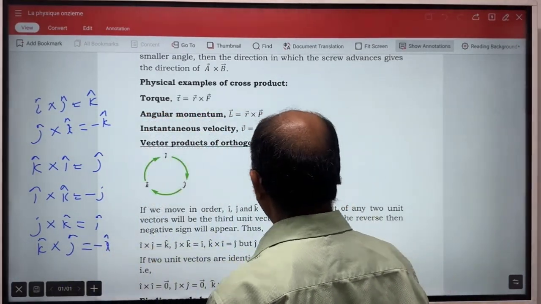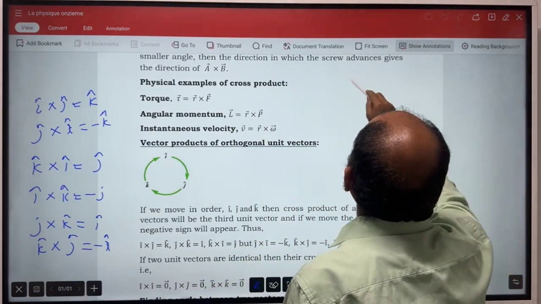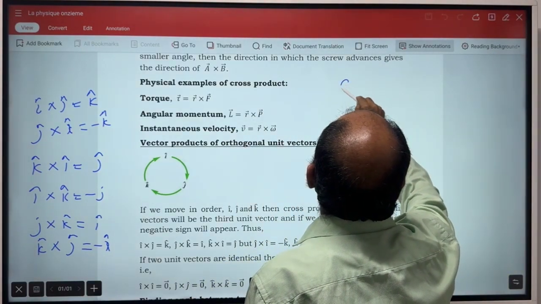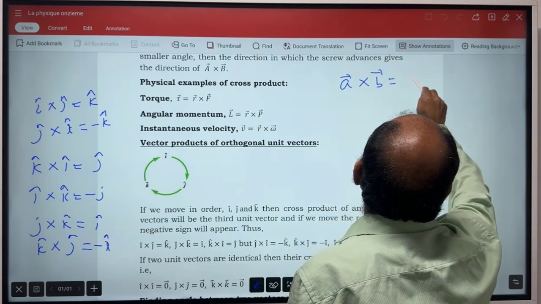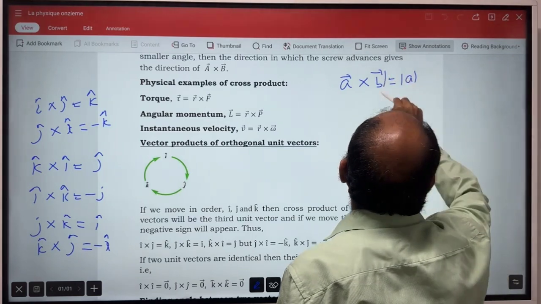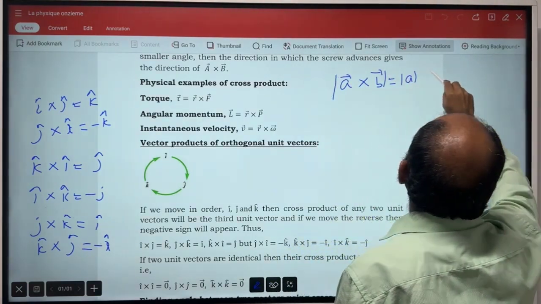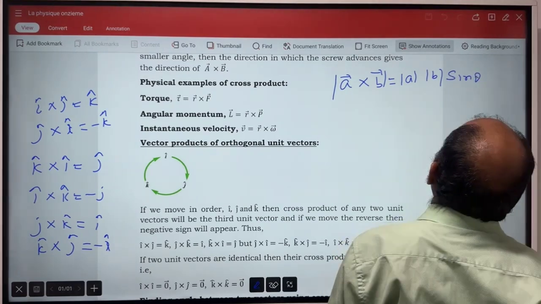Now there is another property. I told you that vector A cross vector B gives modulus A modulus B sine theta.